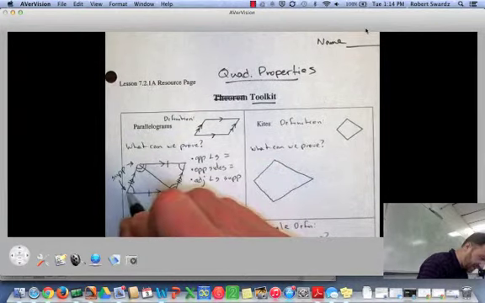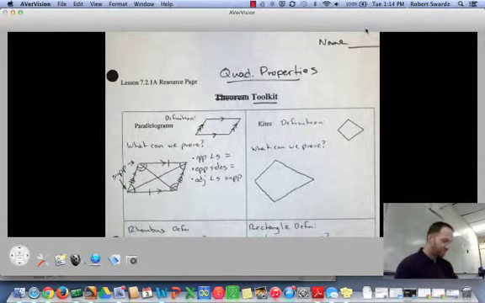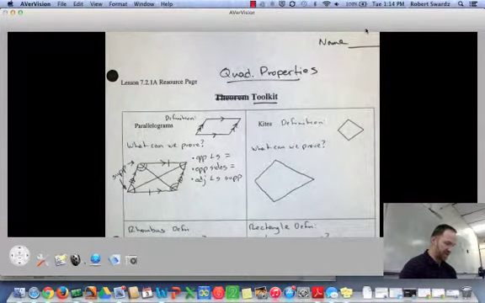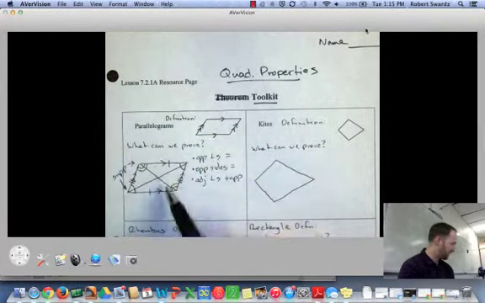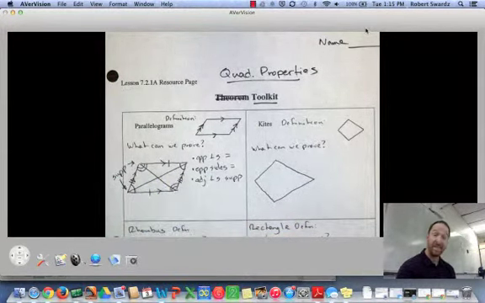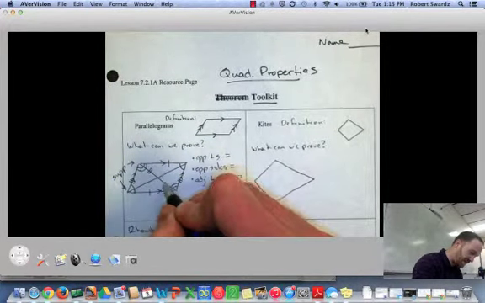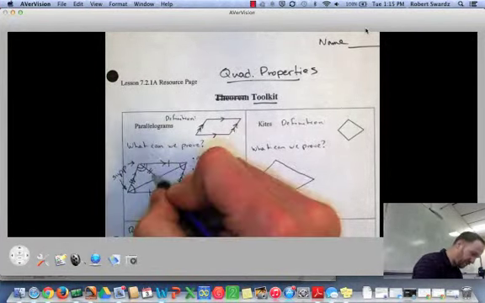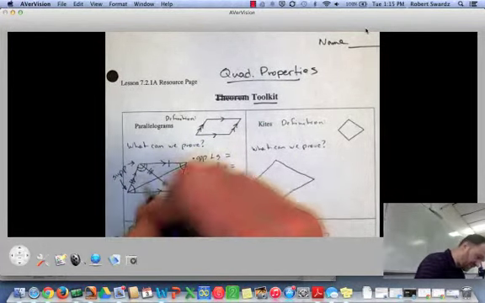Let's draw the other diagonal in here. Another thing that we can prove, and I think we've talked enough about the proof, so I'm just going to tell you this one, is that the diagonals in this parallelogram bisect each other. They cut each other in half. So this little part has to equal that little part, and the other one is cut in half too.